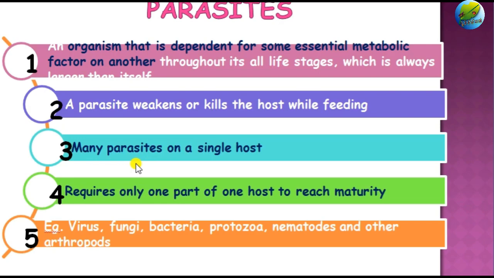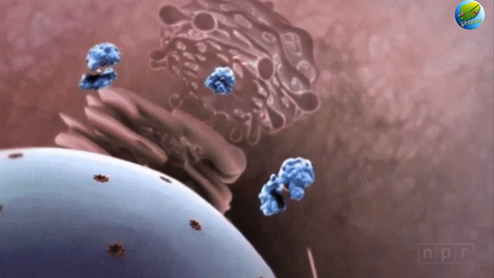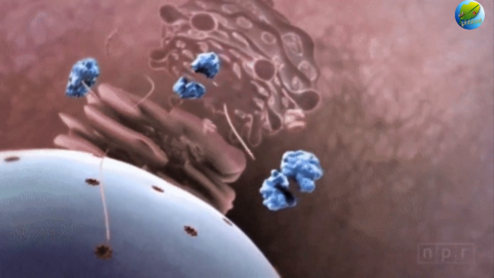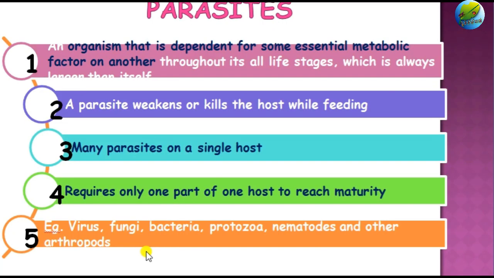It requires only one host to reach maturity, which is contrary to predators, as they require more than one animal or insect to complete their life cycle. Examples of parasites are virus, fungi, bacteria, protozoa, nematodes, and other arthropods.